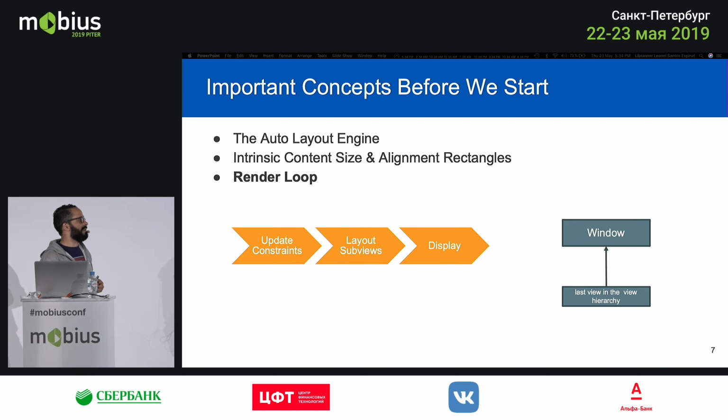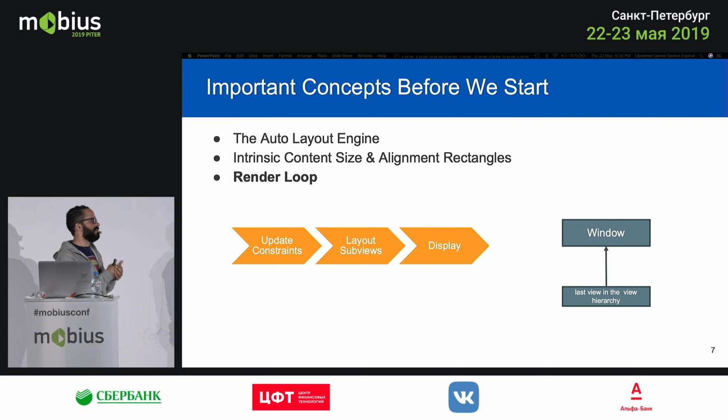And probably the most important concept in this slide is the render loop. This is pretty similar to layout subviews. It has three methods: update constraints, set needs update constraints, and the naming is pretty similar to what you see in layout subviews.